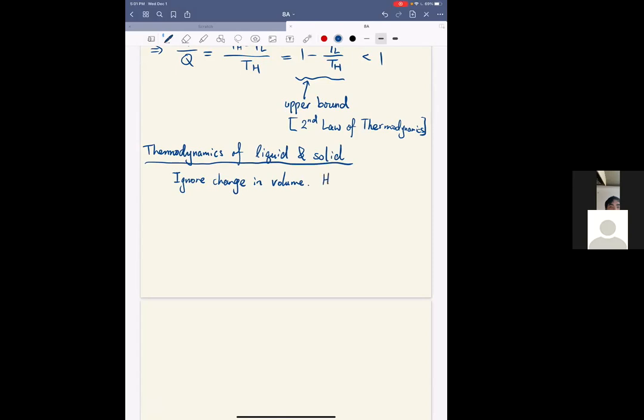A consequence is that since the liquid and solid don't change volume in the thermal process, they don't do any work because the volume doesn't change. So the heat absorbed is all converted to internal energy.